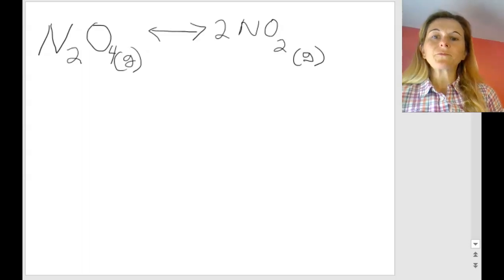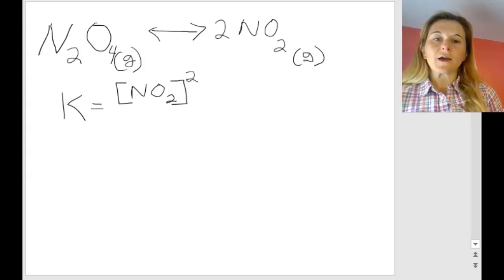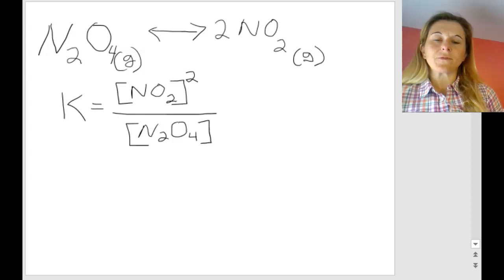Okay. So to put this into our equilibrium constant, we're going to have the concentration of our product with the coefficient as the exponent divided by the concentration of our reactants, and the coefficient's 1, so we don't have anything to do there.